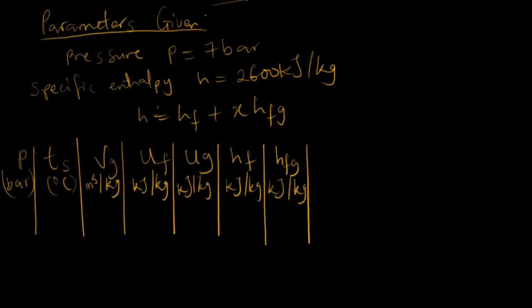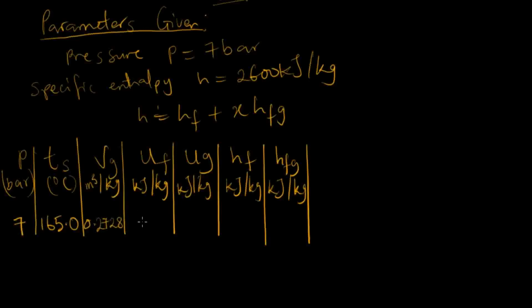Alright, now 7 bar, at 7 bar on the same table. Why I'm writing this is for the sake of those that don't have the steam table, so that you'll be able to flow with the tutorial.